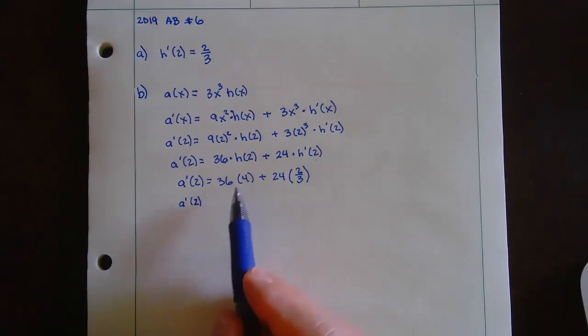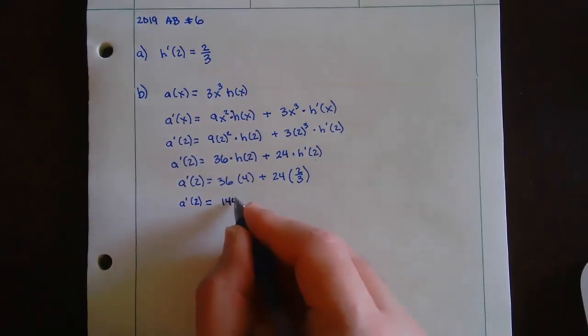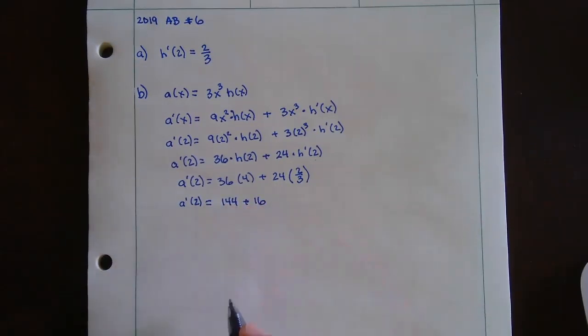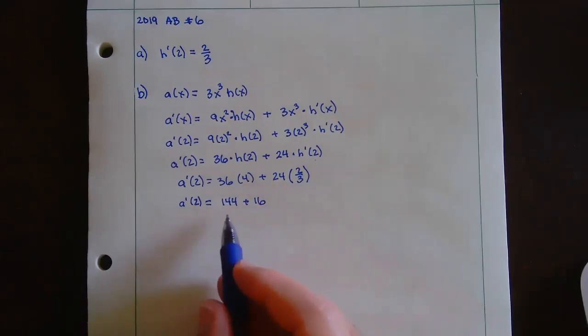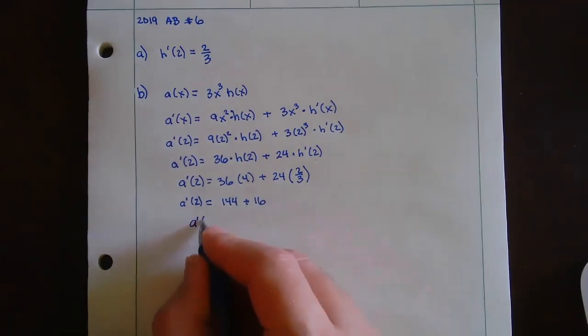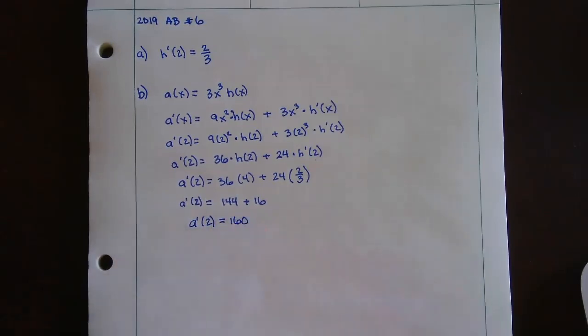So this would be 144 plus 16, because 3 goes into 24 8 times, and then 8 times 2 is 16. Adding 6 to this would give me 150, and 10 more would give me 160. So we have A prime of 2 is equal to 160, and that's the answer for part B.